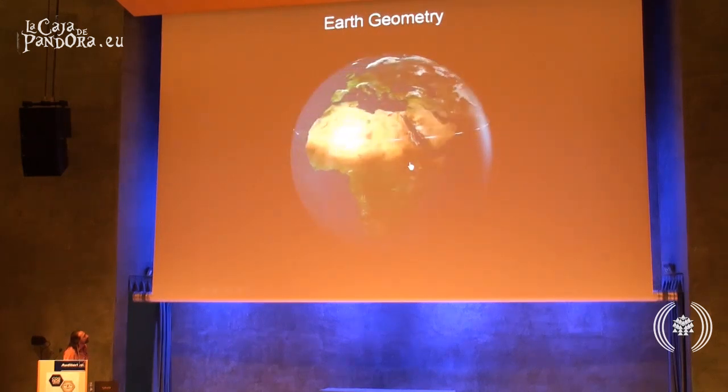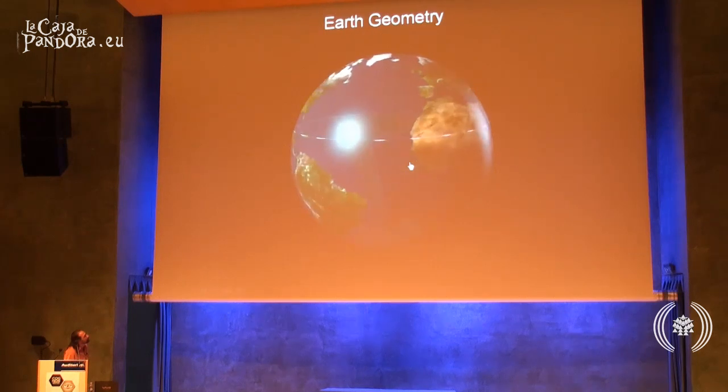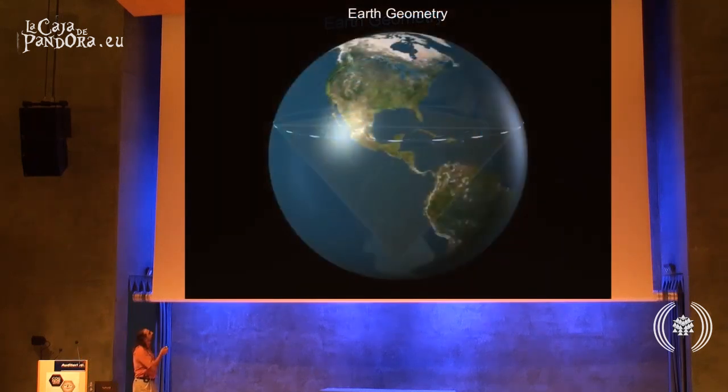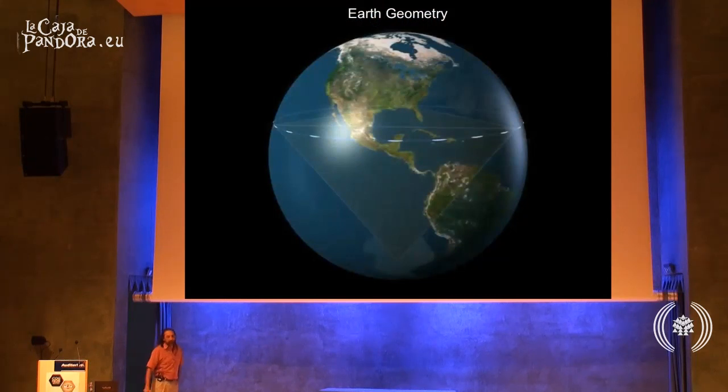There's Africa. You can see that it goes over where Mexico City is. And so this is Teotihuacan right there.